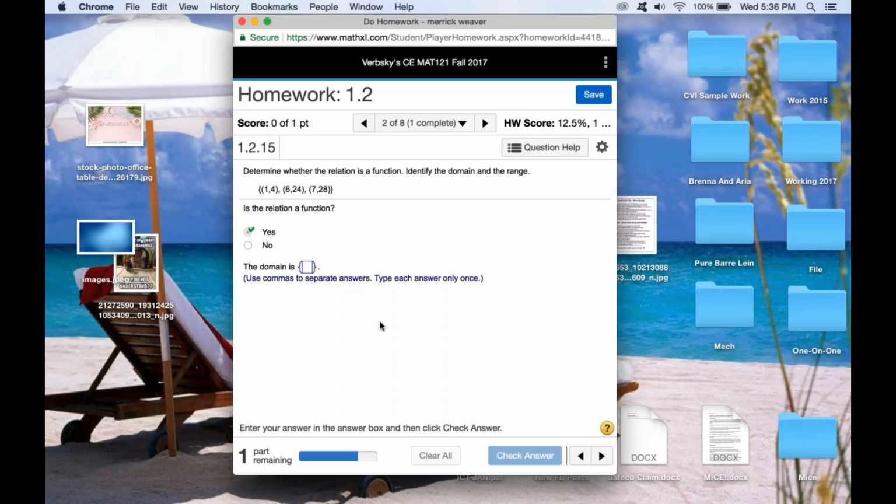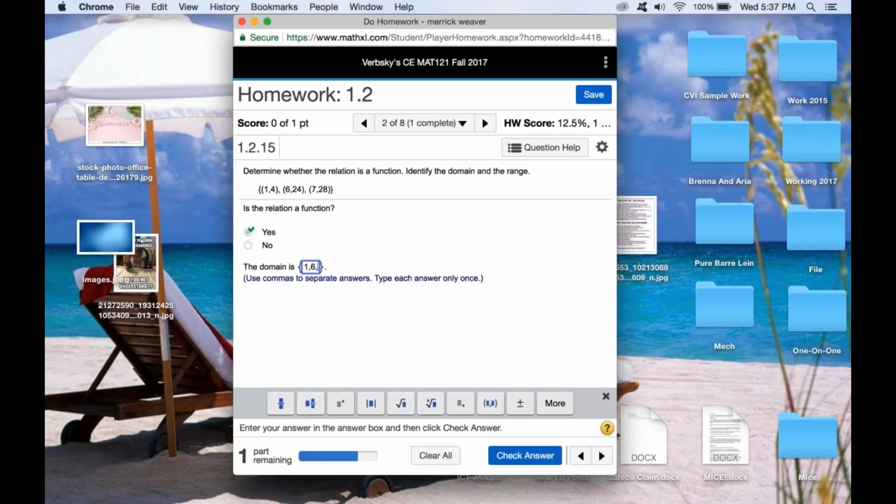Okay. Go ahead and answer that. Oh, the domain. What's the domain? I have it written here. So the domain or the range is up, right? And the domain is down. Is that correct? Domain is the x. The x? Oh. So it's 1 comma 6 comma 7. Okay, but just the range, the range is the y values.